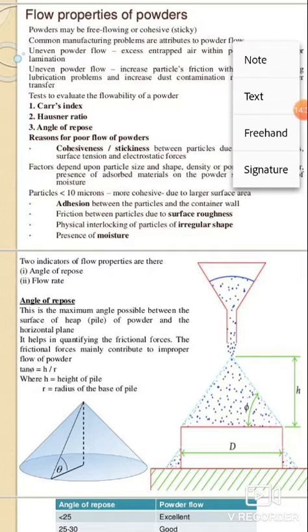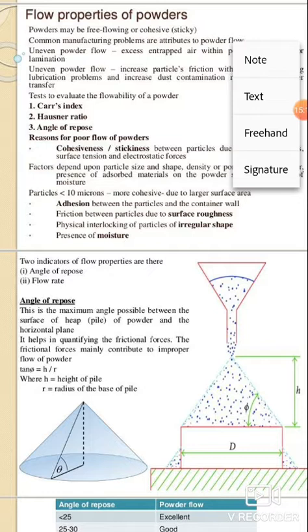So during compression, the air tries to come out from the porous or void spaces, and at that time it breaks or laminates the tablets into different layers.